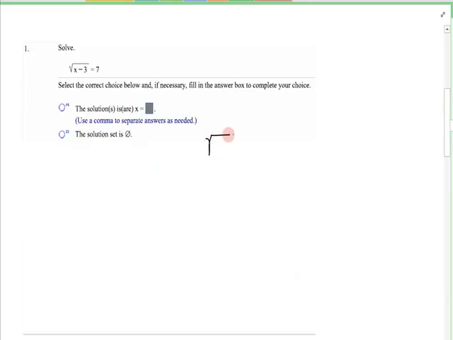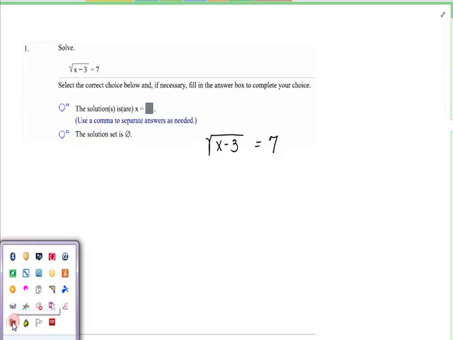I have the square root of x minus 3 is equal to 7. When we're going to solve an equation with a square root in it, the first thing you want to do is isolate the radical. If something is added to it or subtracted from it on the outside, you're going to get rid of it. But this radical has already been isolated.